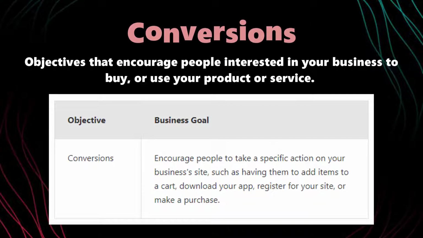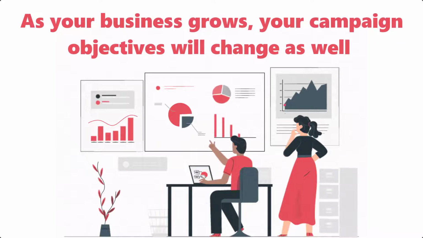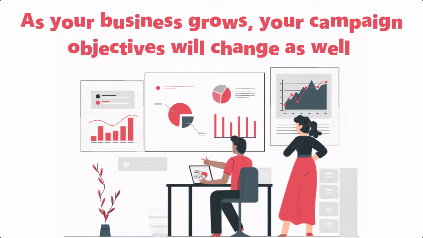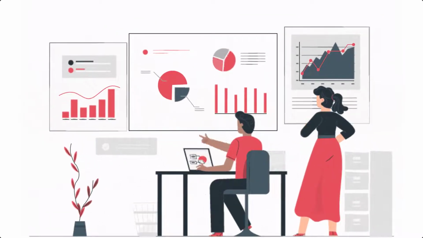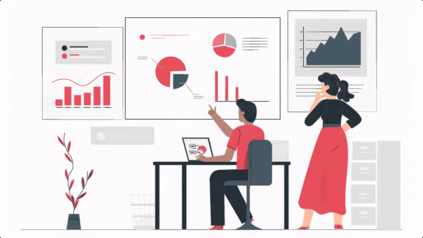Conversions is an objective that encourages people interested in your business to buy or use your product or service. As your business grows, your campaign objectives will change as well. So whether you're aiming for more eyeballs, more traffic, or more conversions, TikTok Ads Manager always provides you the options you need to help your business grow.